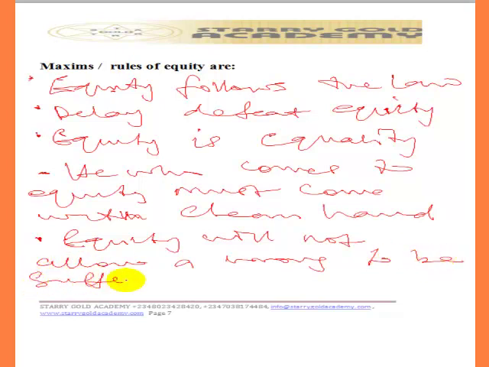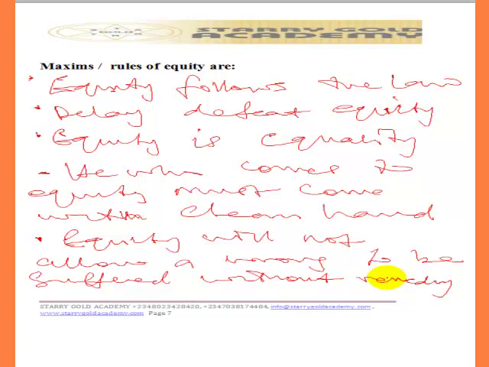So these are the terms used to describe what equity is all about. So it talks about the beauty of equity, it talks about the acceptance of equity. So that is what all these signify.